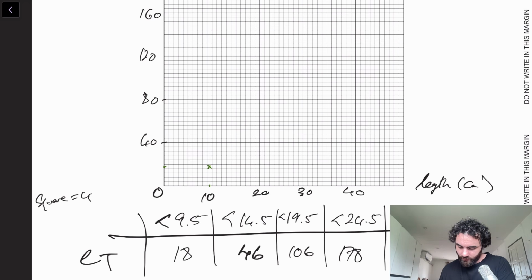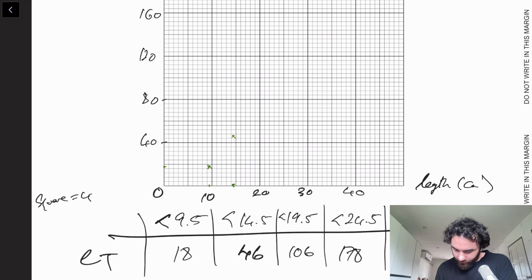Okay, and then 14.5 is here, and then 46 divided by 4 is 11.5, so we go up 10 squares, 11.5, so that's here.